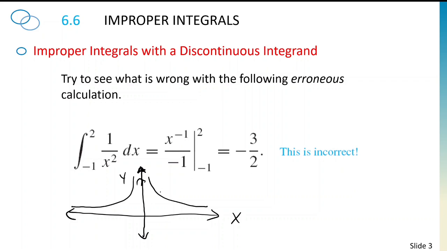So there's definitely something wrong. But where's the mistake? If you look at this function 1 over x squared, we know it's discontinuous at 0. And we are finding the integration from -1 to 2, and 0 is already in between.